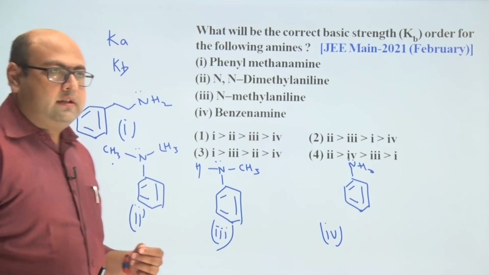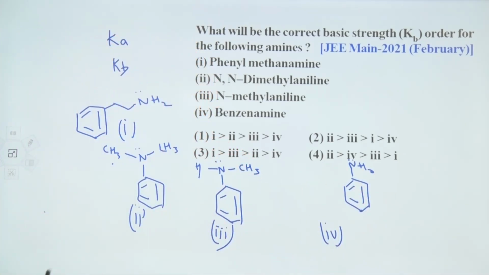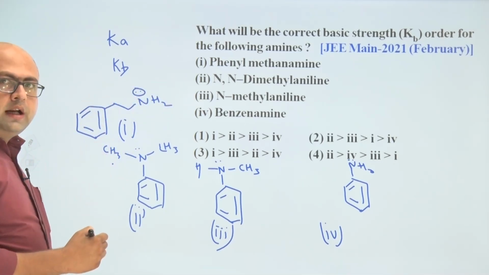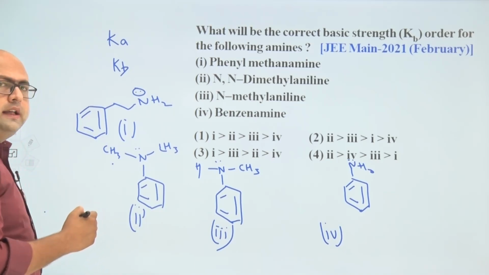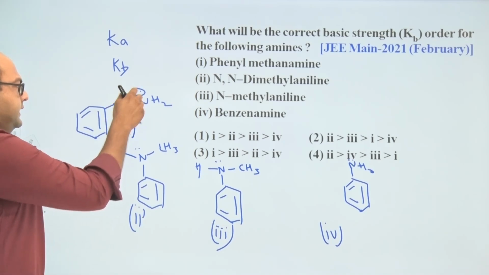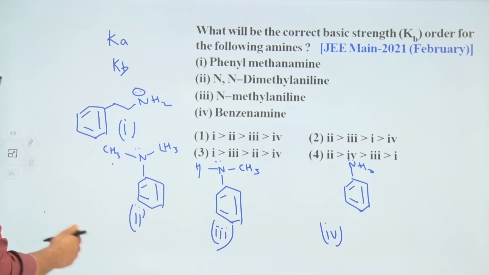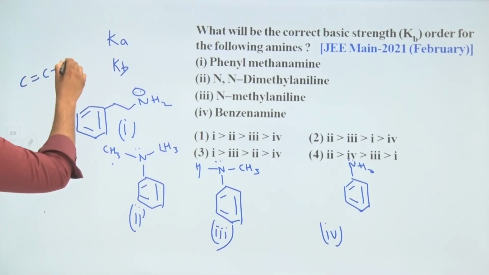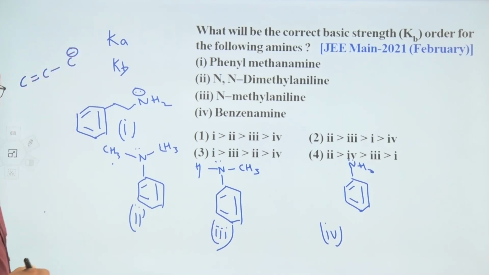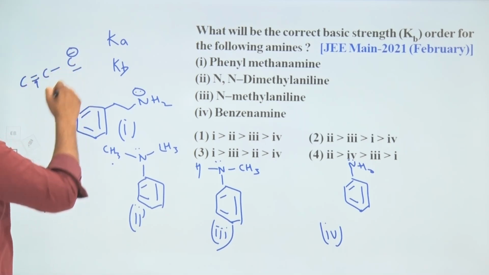For this you should know the conditions for applying the inductive effect and resonance. In the first compound, phenylmethanamine, the lone pair on nitrogen is not delocalized, it is localized, because there is a distance between this lone pair and the benzene ring, and for resonance to take place there should be conjugation. For example, in a compound with conjugation between a negative charge and a double bond, they must be adjacent.